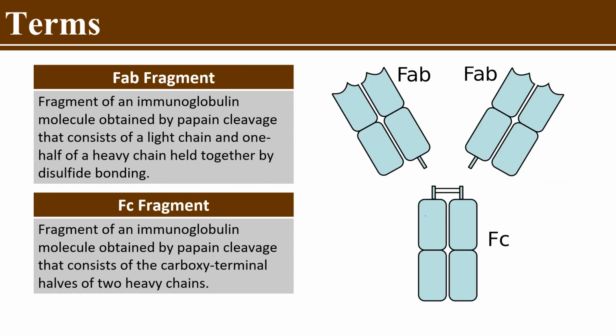Then we also have your Fab fragment and your Fc fragment. Now, the Fab fragment, class, would refer to the fragment of an immunoglobulin molecule obtained by papain cleavage that consists of a light chain and one half of a heavy chain held together by a disulfide bond.